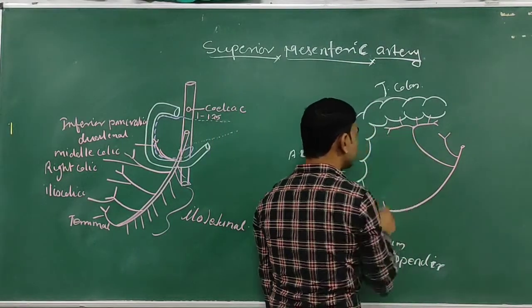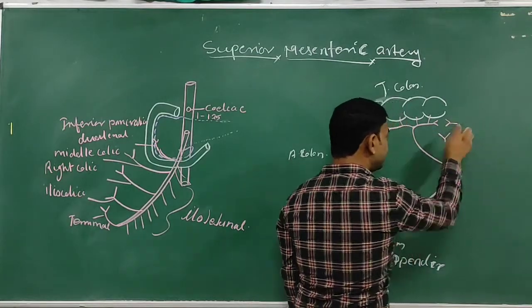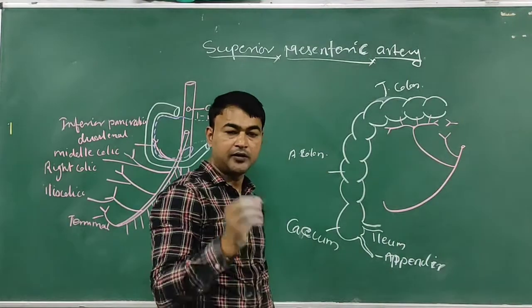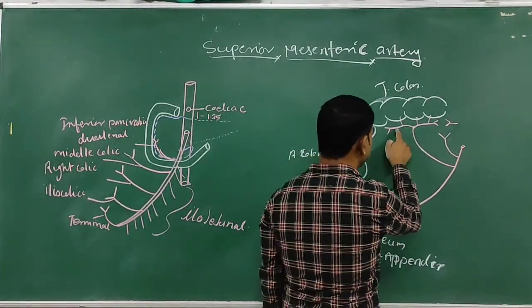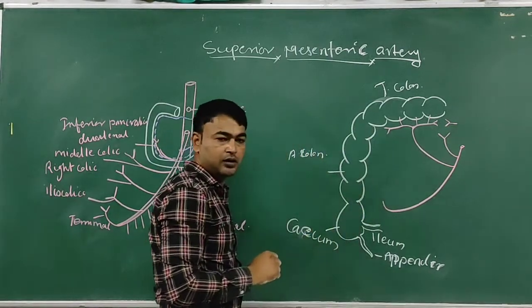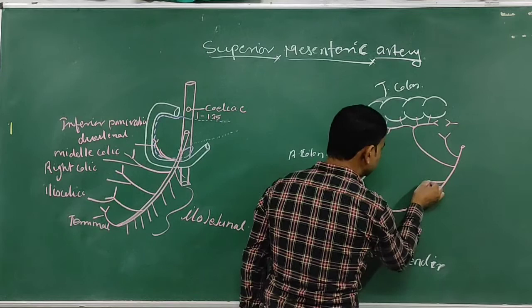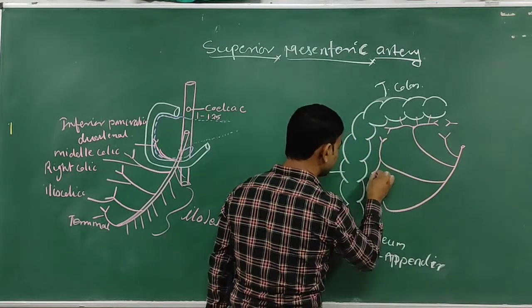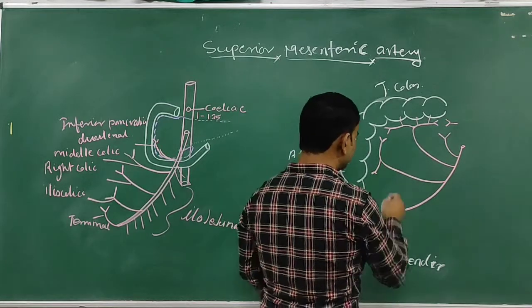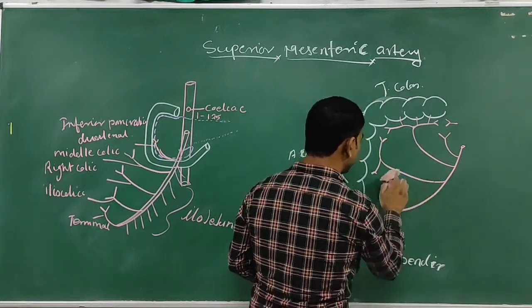The left branch anastomoses with the left colic branch of the inferior mesenteric artery, and the right branch anastomoses with the ascending branch of the right colic artery.